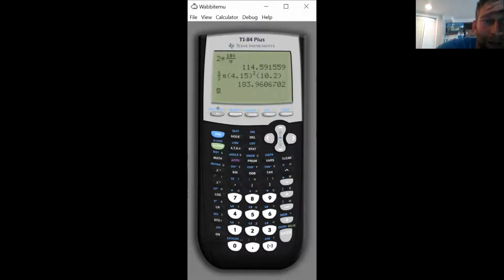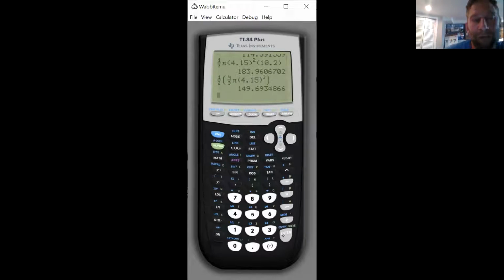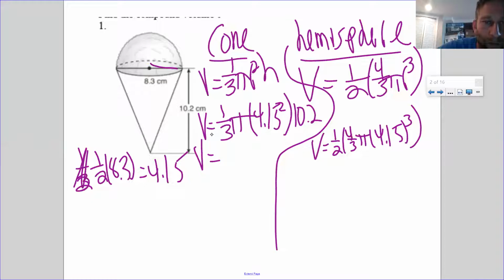Then I'm going to type in the hemisphere, 1/2 times 4/3 pi 4.15 cubed. So I've got 183 dot dot dot for the cone, and 149 dot dot dot for the hemisphere.